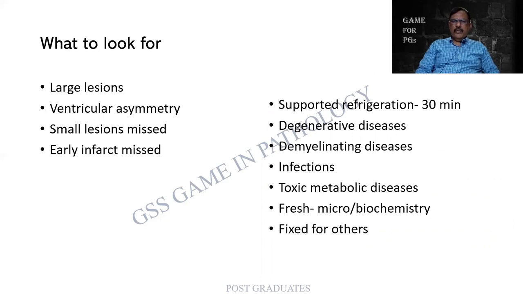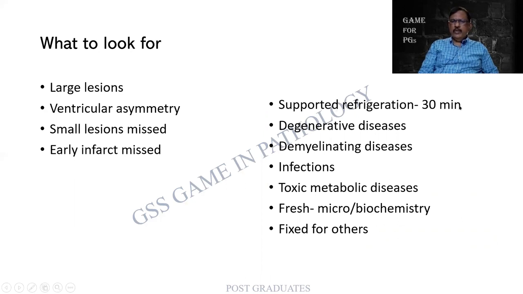And in a case of autopsy of the brain, what all should you look for? One is any large lesion. Ventricular asymmetry. The asymmetry alone can be clue to an underlying pathology. Small lesions can sometimes be missed, and early infarcts can also be missed. These should be borne in mind.